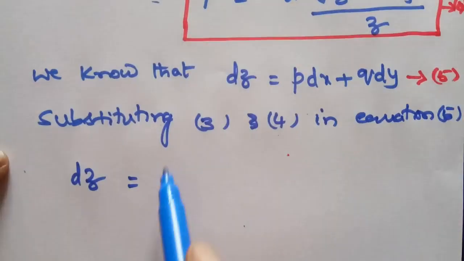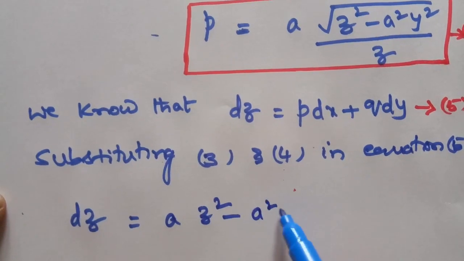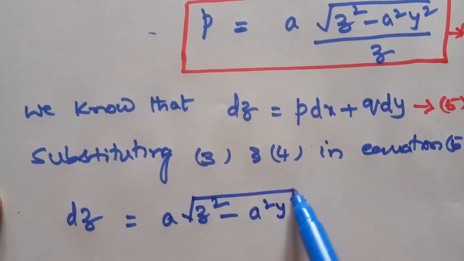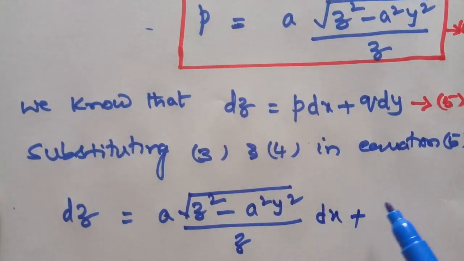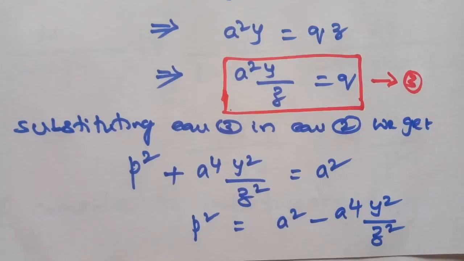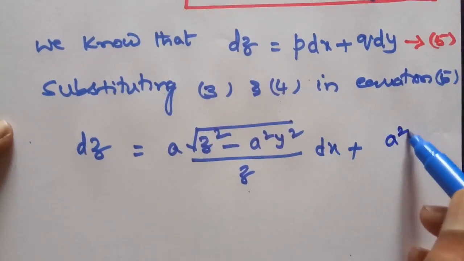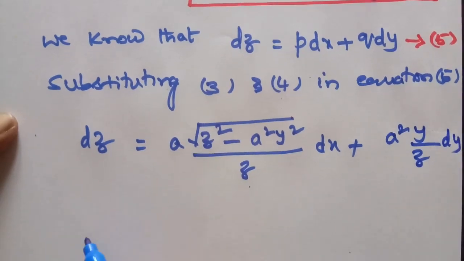What is the value of p? Now we calculated: a into z square minus a square y square by z into dx plus q value. What is q? a square y by z into dy.